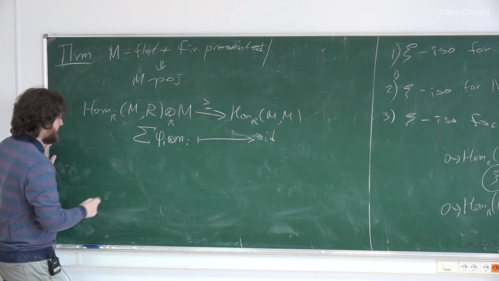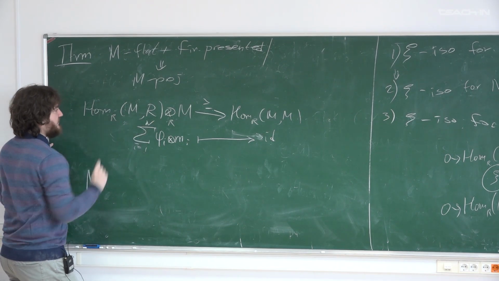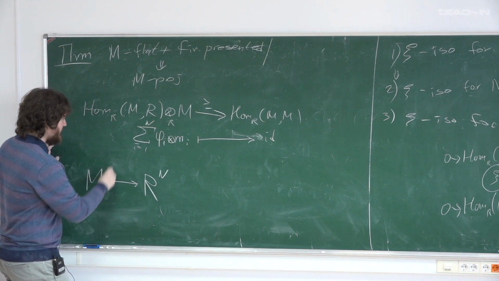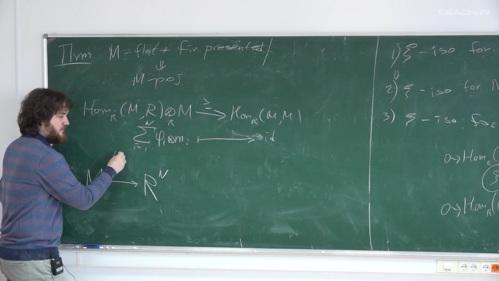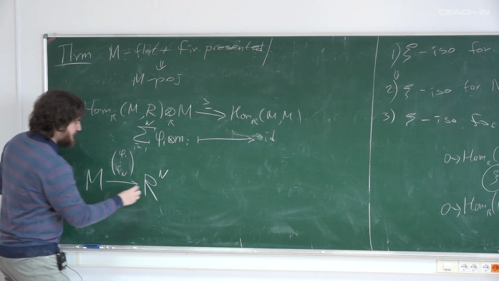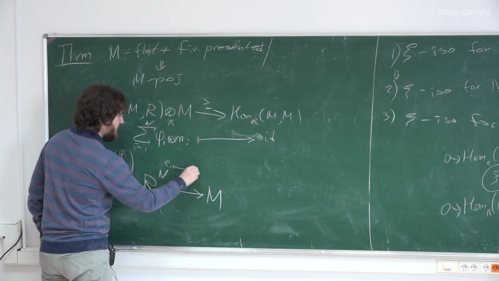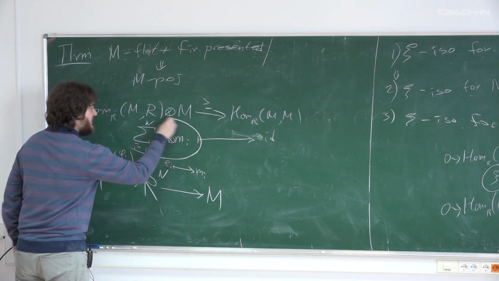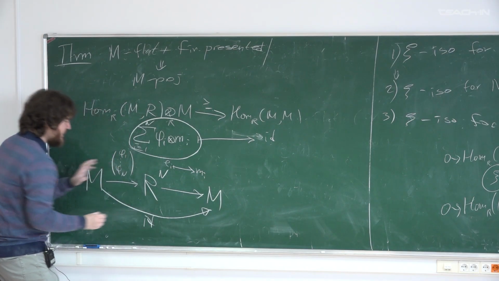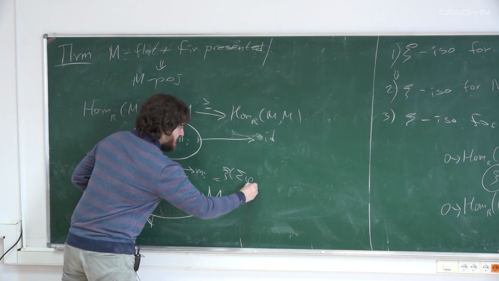This means that M goes at first to R^n by these n linear functionals, phi_1, ..., phi_n, and then it goes to M, which sends the standard basis to m_i. And the composition is exactly this, where these things go. And I know this goes to the identity. This composition is a reformulation; by definition it is psi of this.